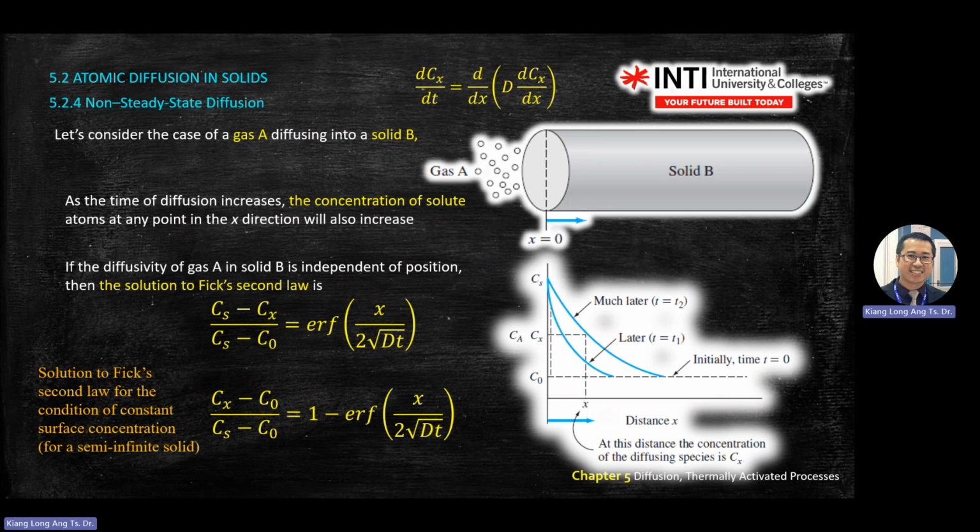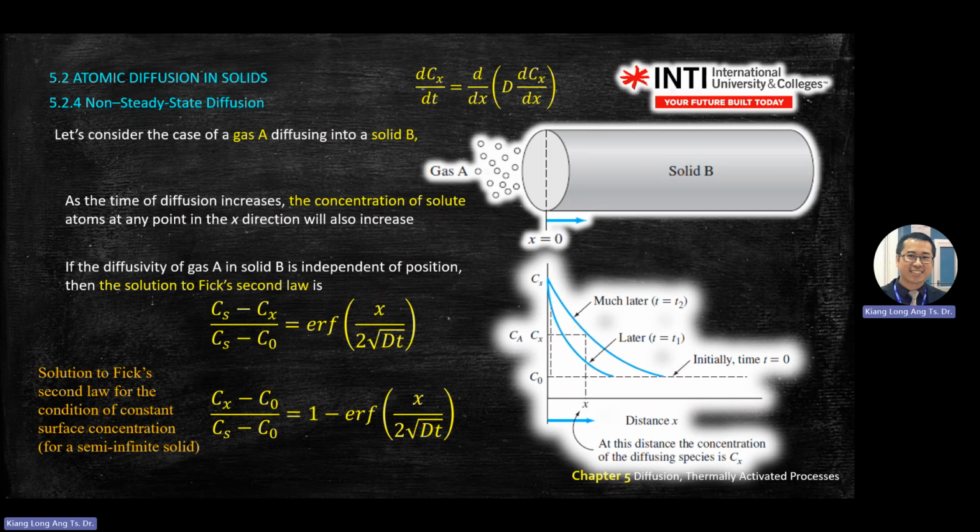And then this one on the right is 1 minus ERF of x divided by 2 square root of Dt. Both reach the same answer, because both equations most of the time ask you to calculate T. It depends on which one you want to use. So don't confuse the middle one and the last one. Both give you the same answer. Okay.